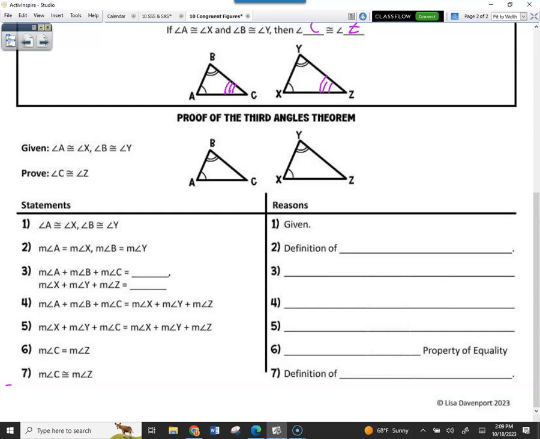All right, we have angle A is congruent to angle X. It's already marked. We have angle B is congruent to angle Y. It's already marked. Then the very next line is the exact same angles, but notice they changed it from congruent to equal. And notice they threw an M in there, which stands for the phrase, the measure of. This is a nitpicky part of math that drives people nuts.